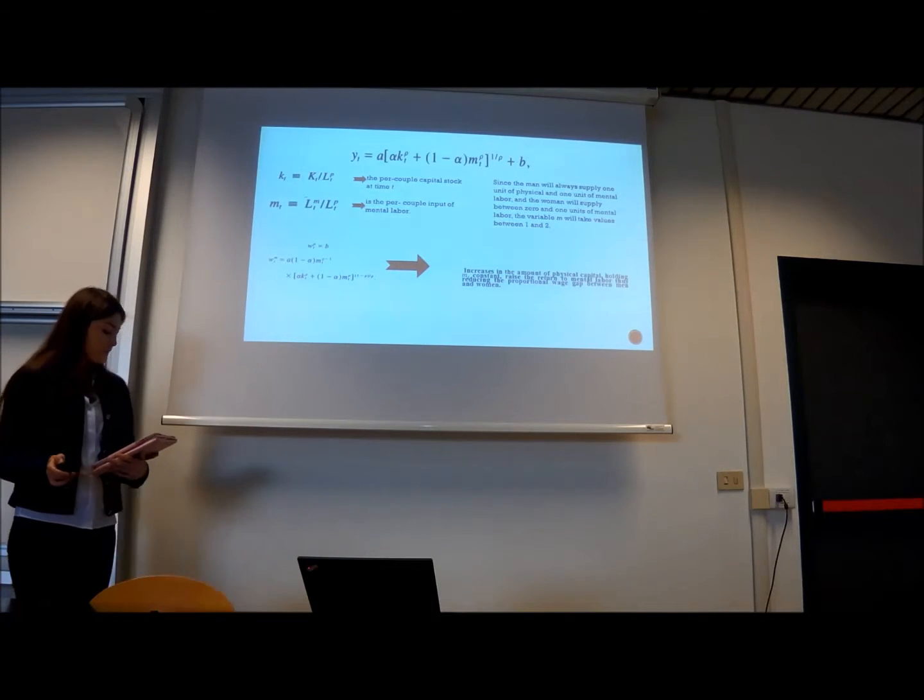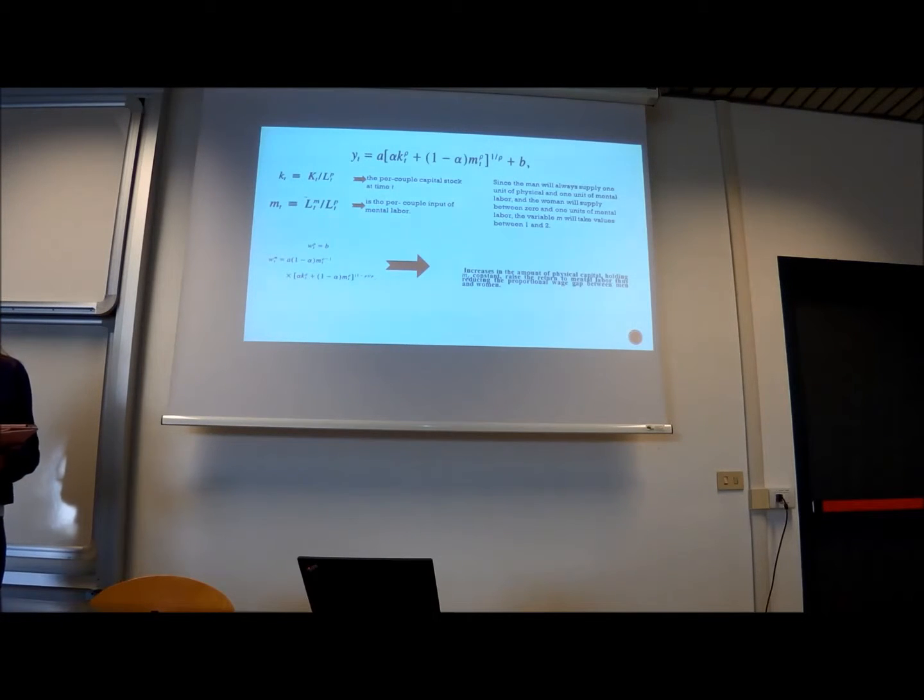So the production function that we use incorporates the above assumption in a simple way. We assume that physical capital and mental labor exhibit complementarity in production. Physical labor is neither a complement nor a substitute for either of the other factors of production.